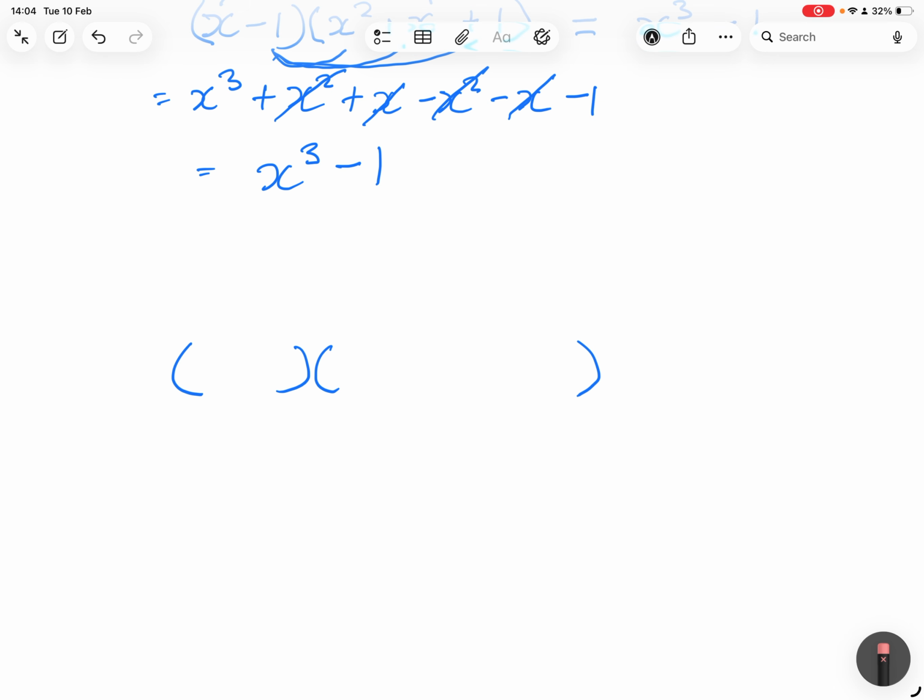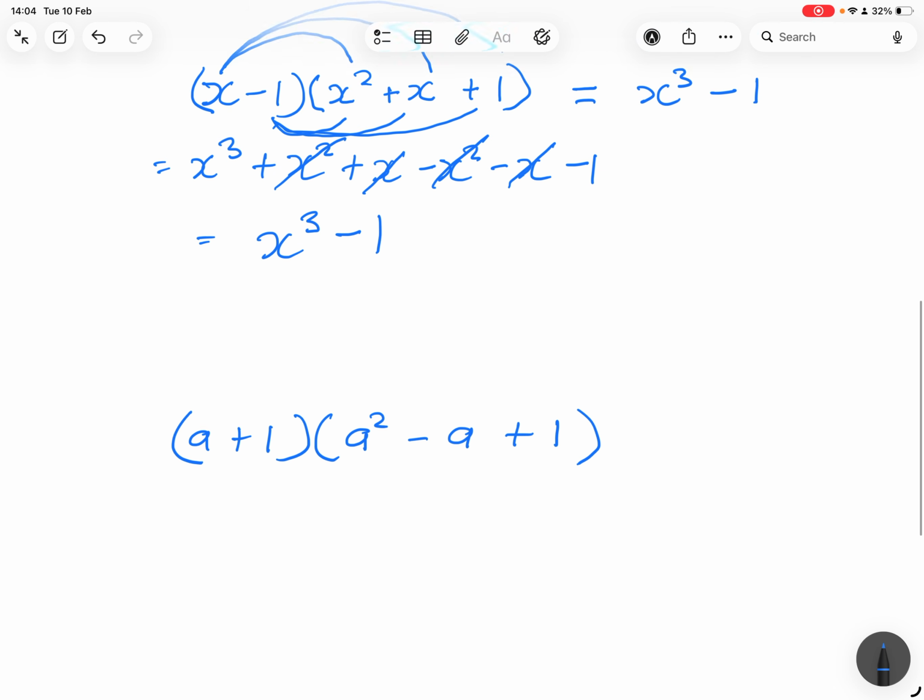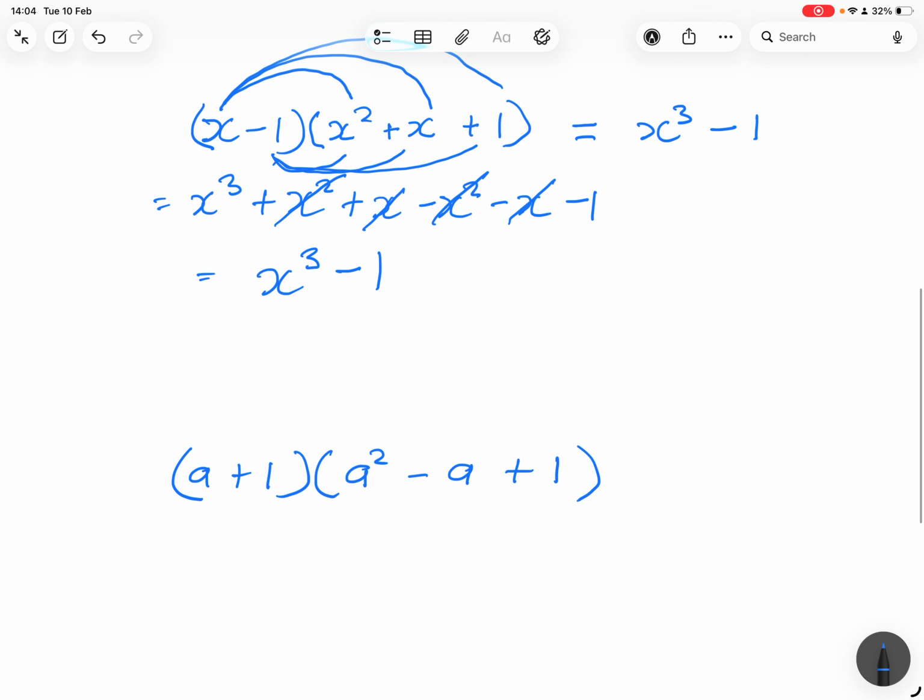I want to take a plus 1. I'm going to take a squared minus a plus 1. Can we predict what this is going to give us? Is it the same as the one that we had? No. Well, we know here we are anticipating to get a squared plus 1. So look at this. Let's try it.